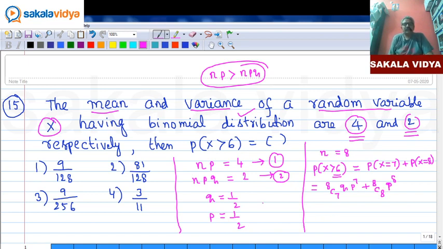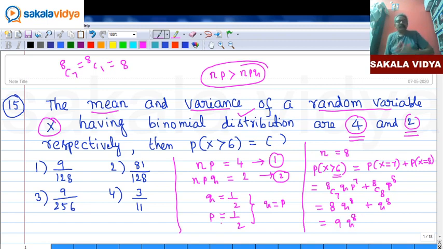Here q is equal to p. 8C7 is 8C1, you remember, 8C7 equals 8C(8 minus 7), so that is 8. So 8 q power 8 plus p power 8, which is also q power 8. So this is 9 q power 8.